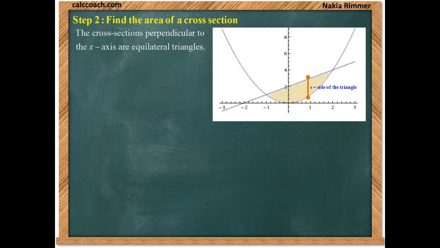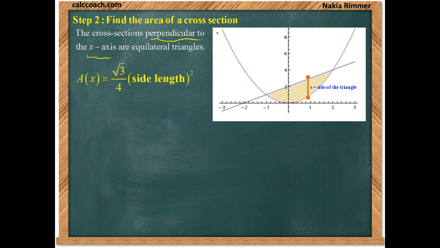Well, the formula for the area of an equilateral triangle based on the side length, from the formula sheet that you have, is root 3 over 4 times the side length squared. So we need to be able to represent the side length. We have a picture of it, but it needs to be in terms of x, because our cross sections were perpendicular to the x-axis.